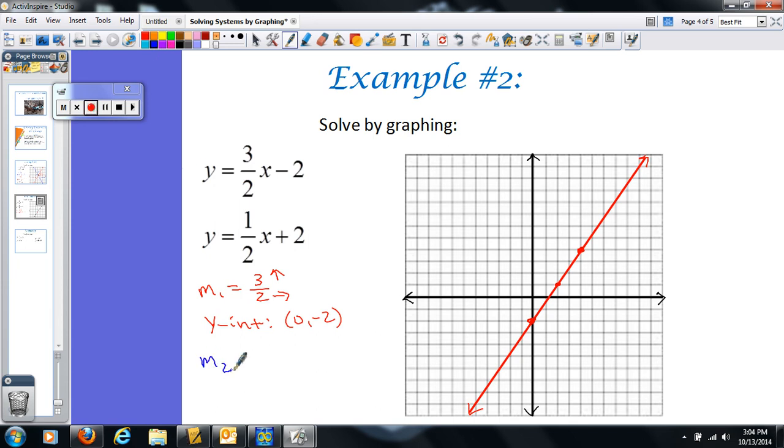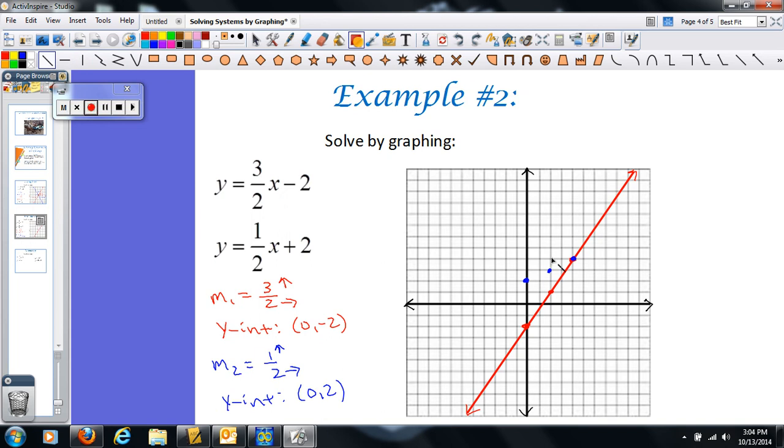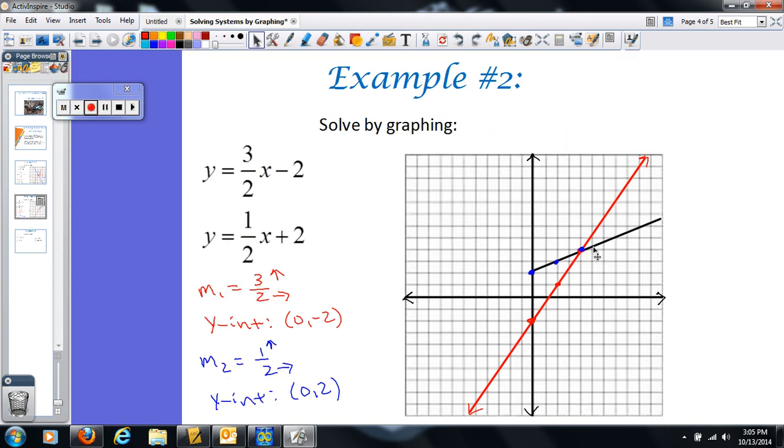And the next one, then we're going to do blue. So you have the second equation, M2 is going to be 1/2, which is up 1, right 2. Y-intercept is at 0, 2. 1, 1, 2, 1, 1, 2. Graph our line. Put my arrowheads.